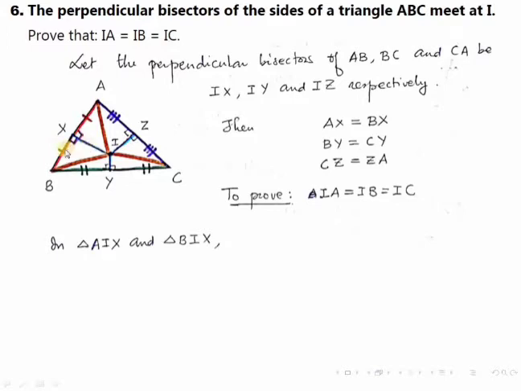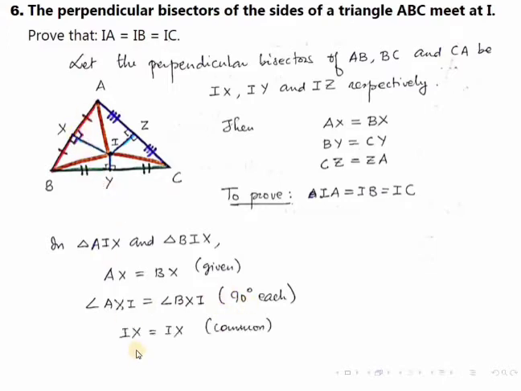So it is SAS. AX equals BX, this is given. Angle AXI equals angle BXI, which is 90 degrees each, and one side is common. So using SAS, these two triangles, AIX and BIX, are congruent.